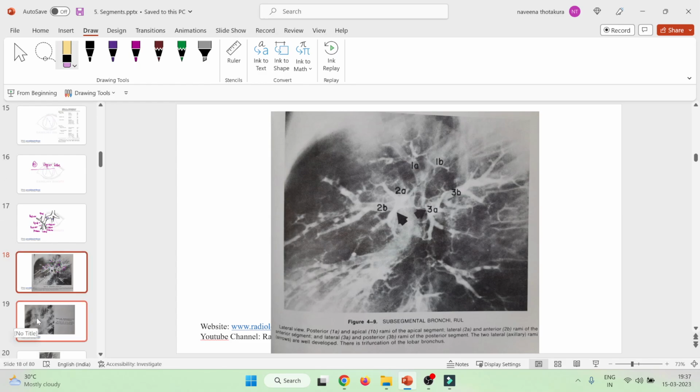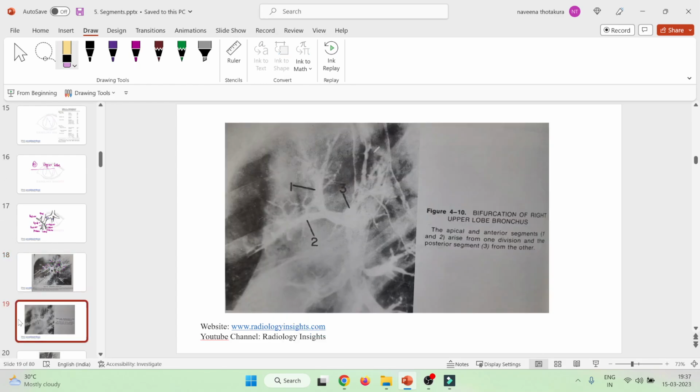Now, this is trifurcation, but there can also be bifurcation of the right upper lobe bronchus. This is actually a different variation. If bifurcation occurs, two of them will arise from the right upper lobe bronchus and the third one will appear from either of the two.